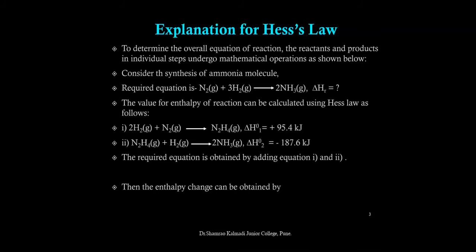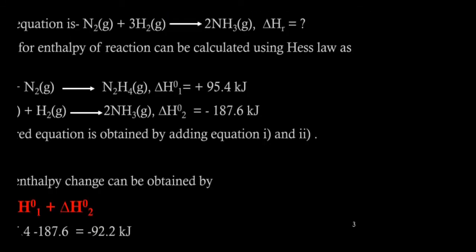Then, the enthalpy change can be obtained by delta HR is equal to delta H1 naught plus delta H2 naught. That is 95.4 plus minus 187.6, which is equal to minus 92.2 kilojoules.